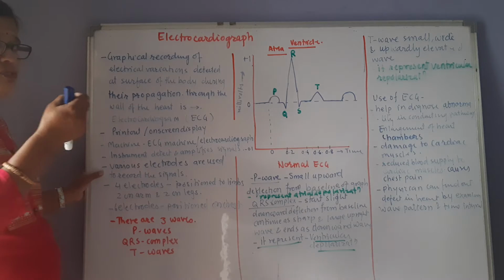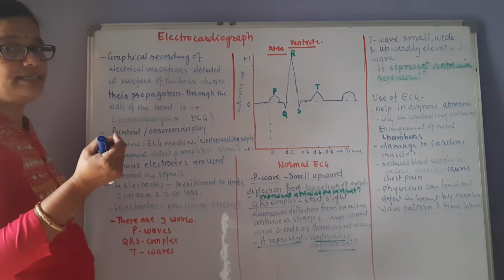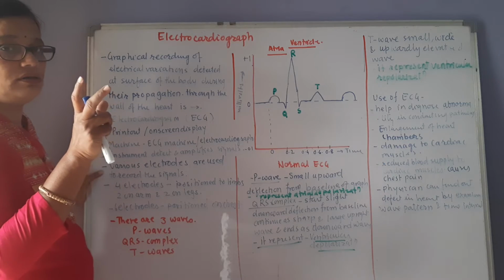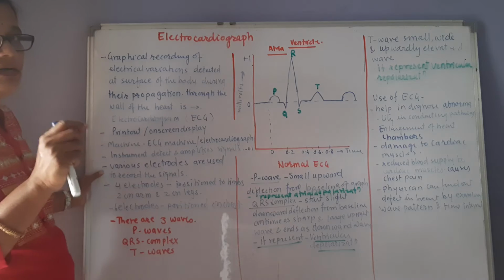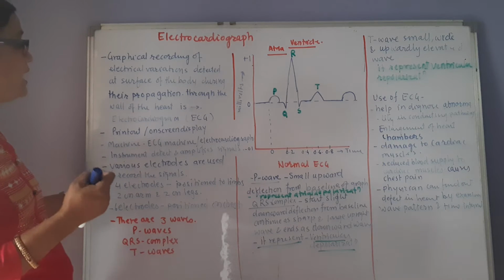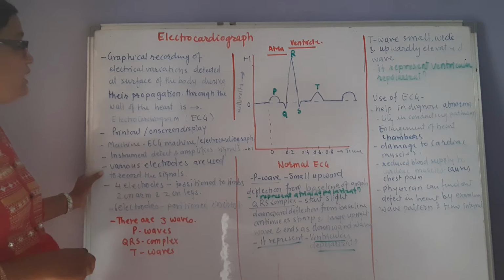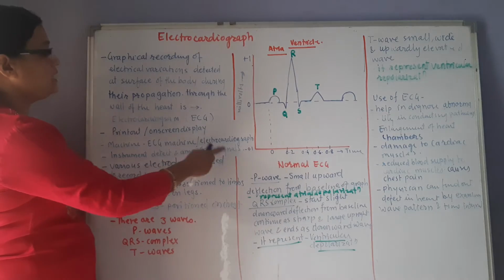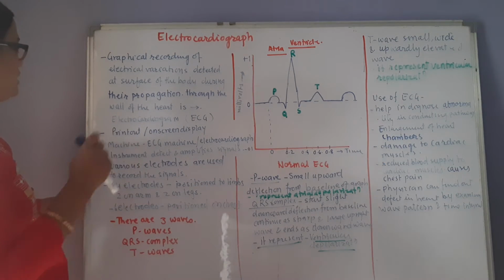The waves present in the diastolic and systolic conditions are converted into voltage, and the voltmeter gives the amplification accordingly, and those signals get recorded on the graph paper.